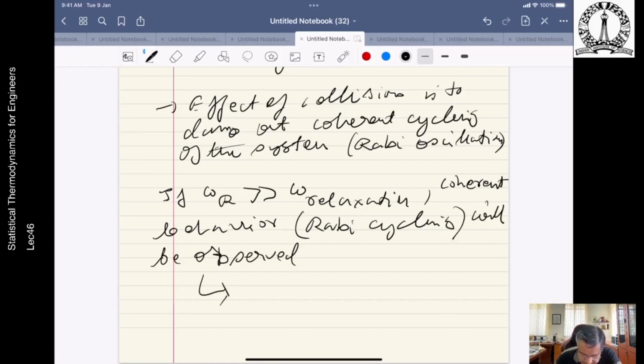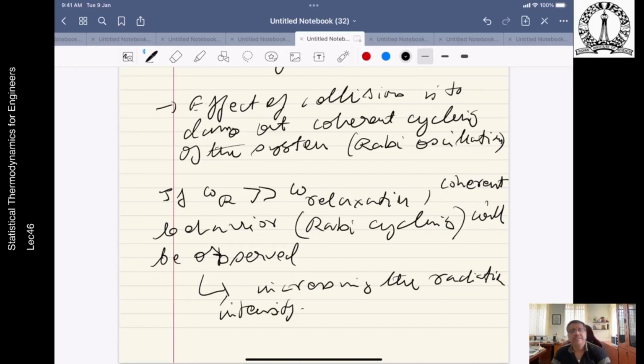Sometimes you do it by increasing the radiation intensity. Now there are NMR and other processes which can actually do that.